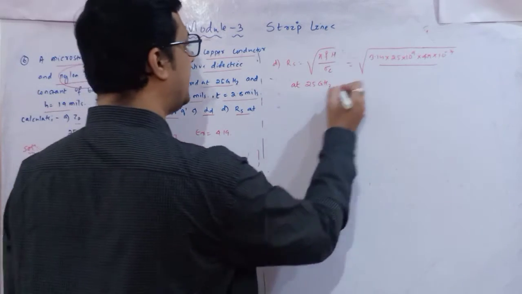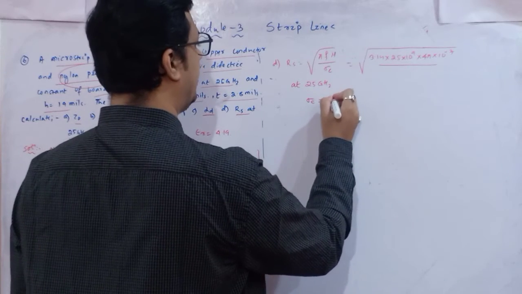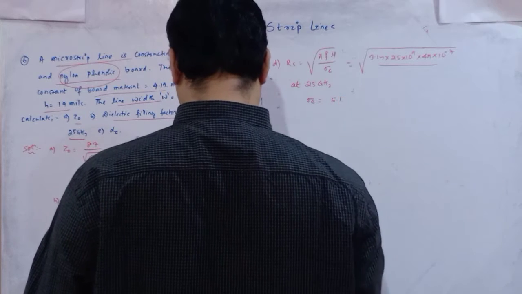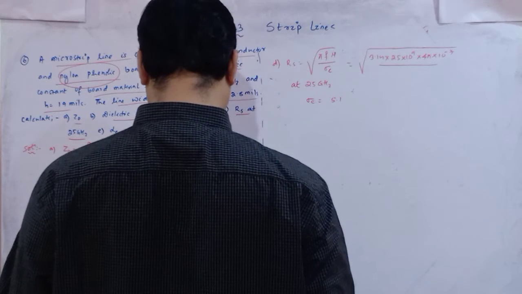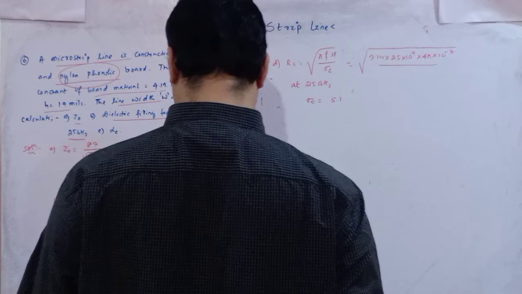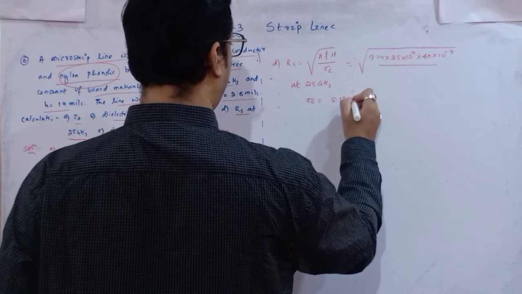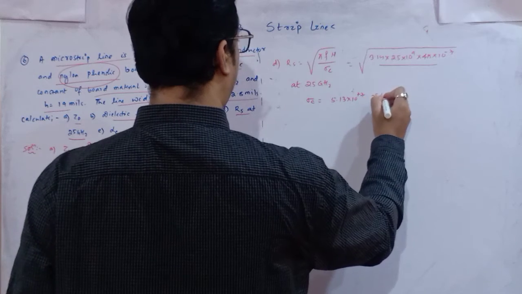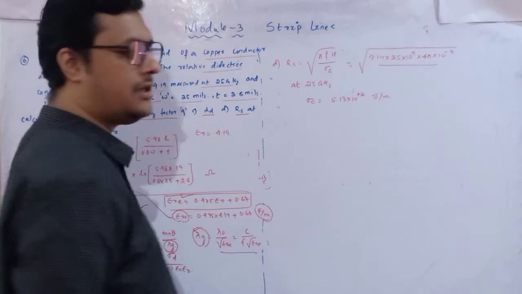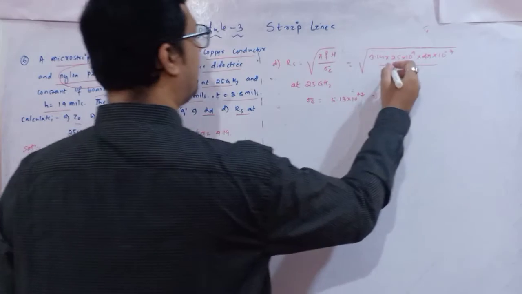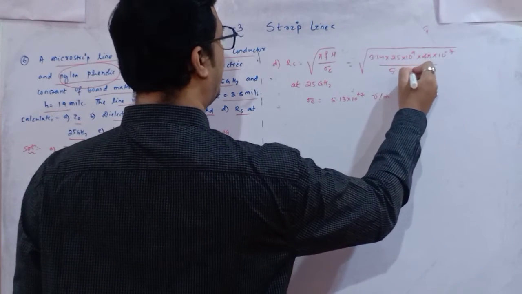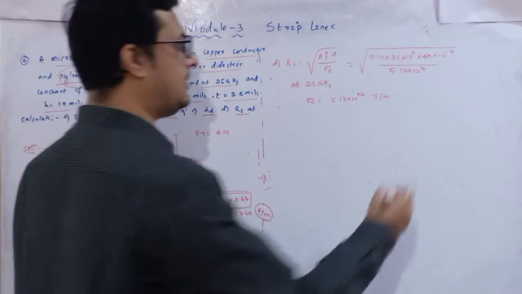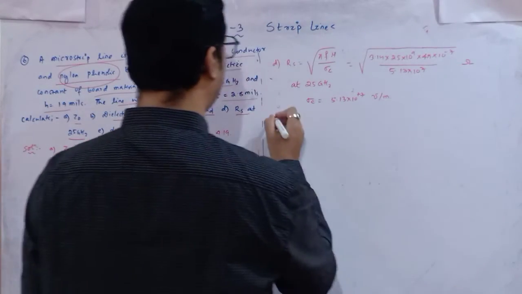So sigma c for copper is 5.13 into 10 to the power 7 mho per meter. So this is the conductivity for the copper. You need to substitute here. Solve it, you will get your surface resistance in terms of ohm.